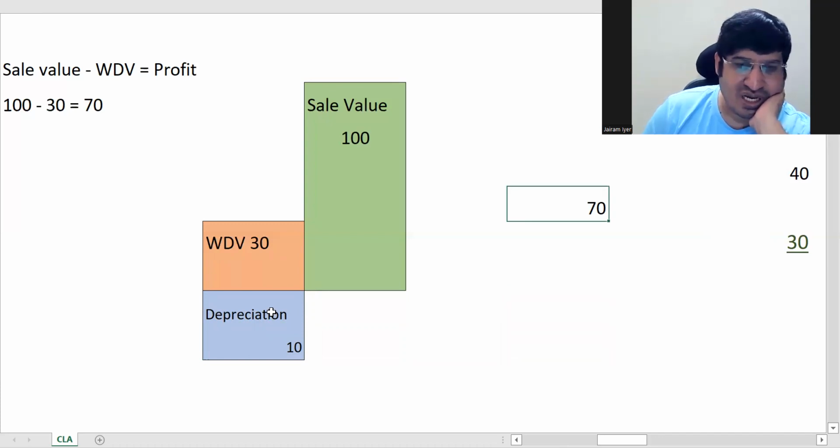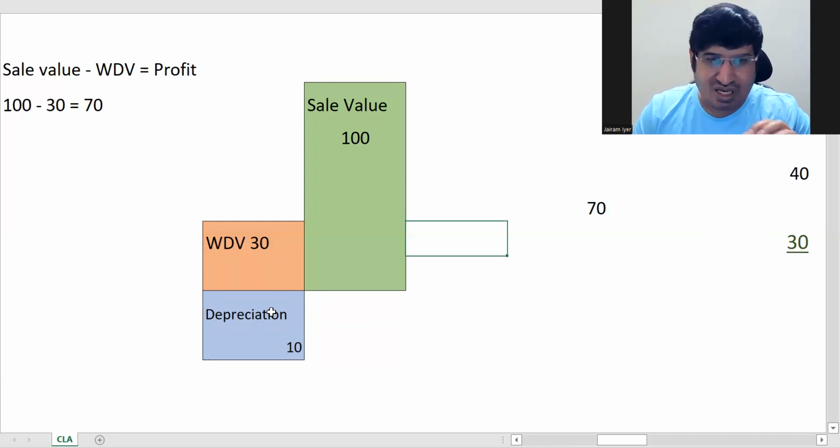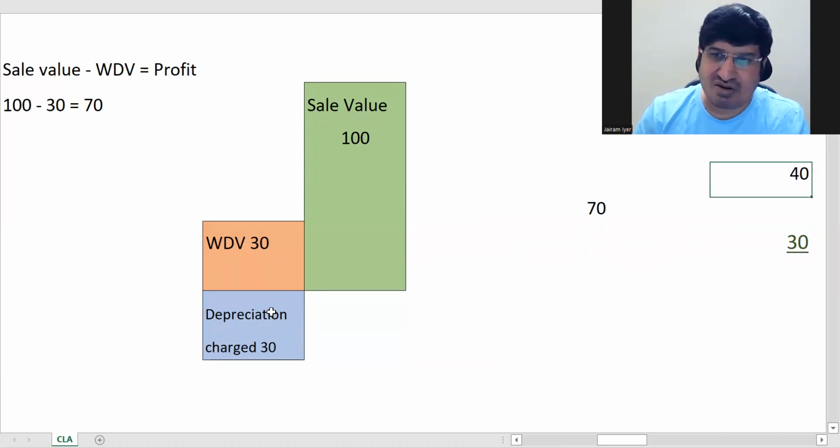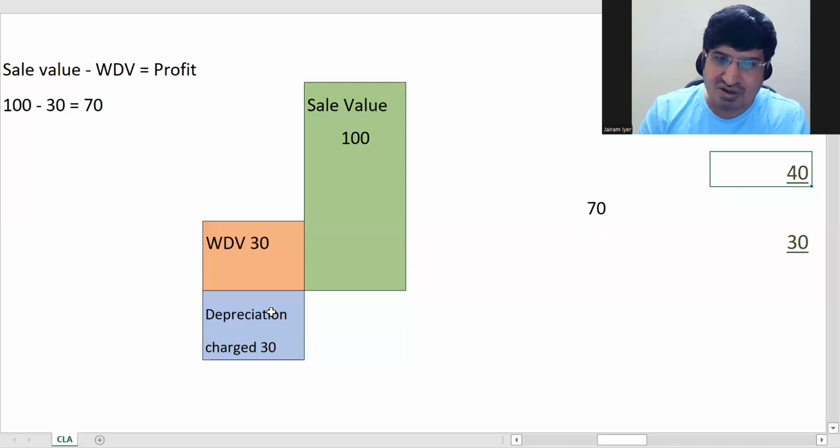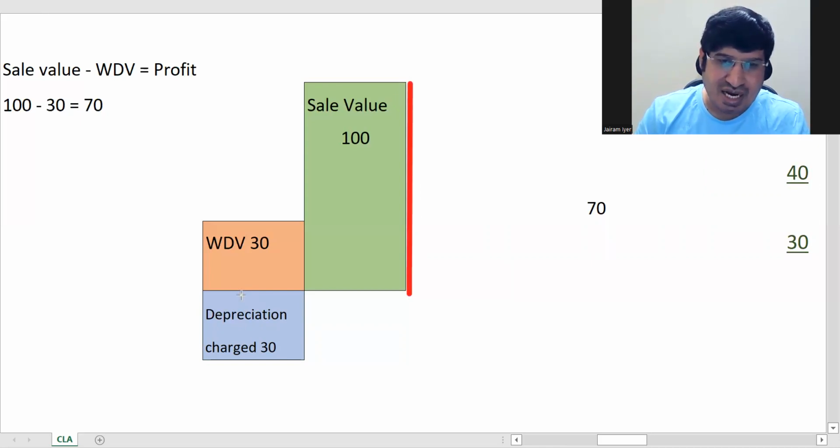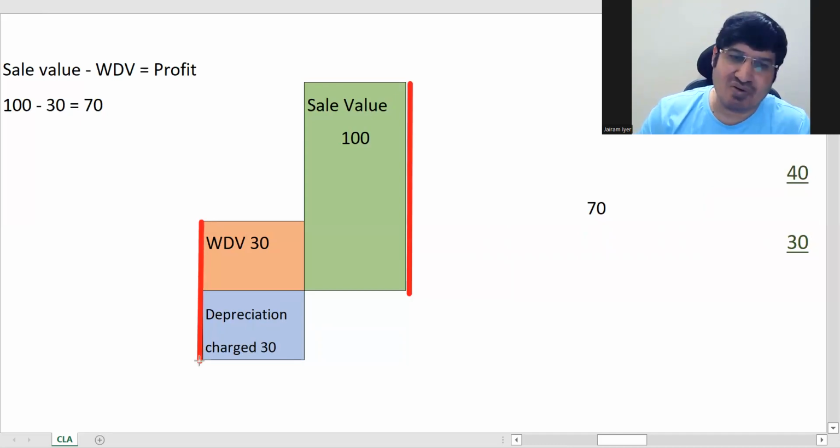Another way to calculate this 40, the capital gain which we got here, is to take the full sale value and deduct the complete actual cost, without any depreciation.